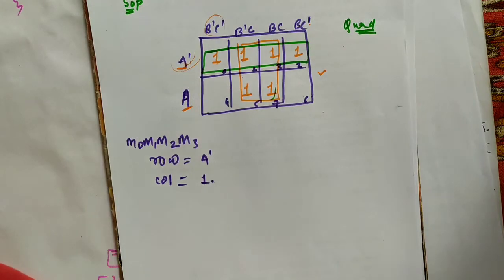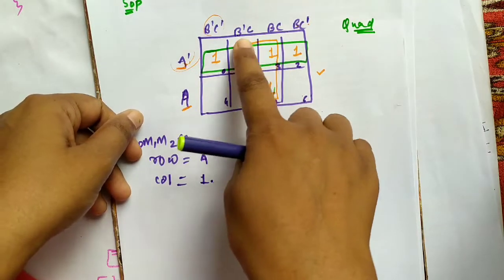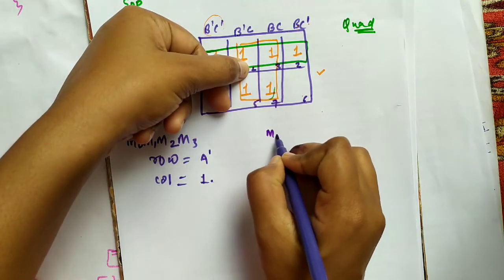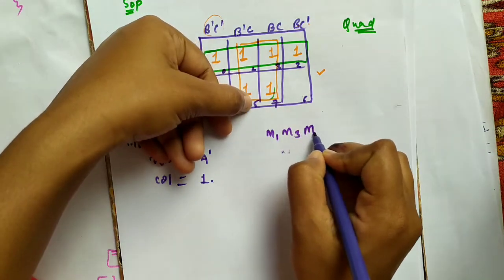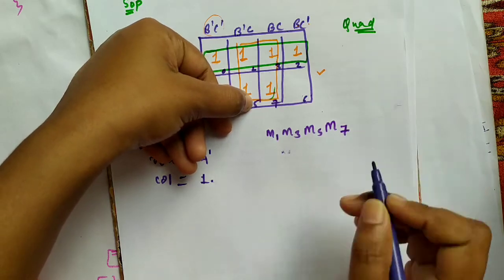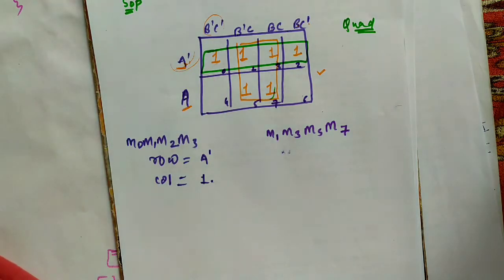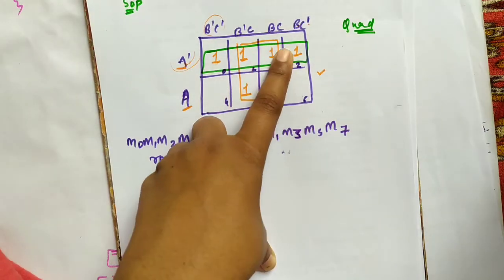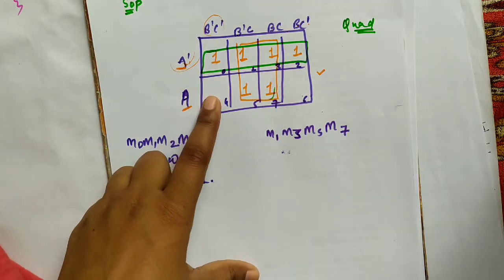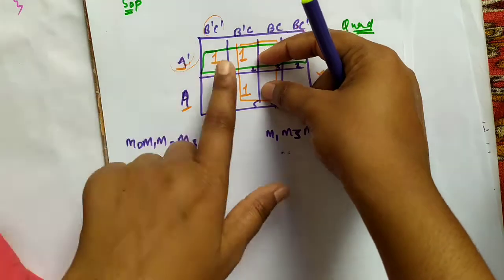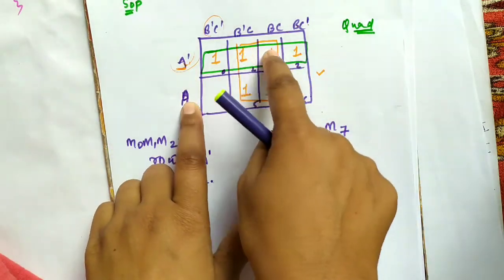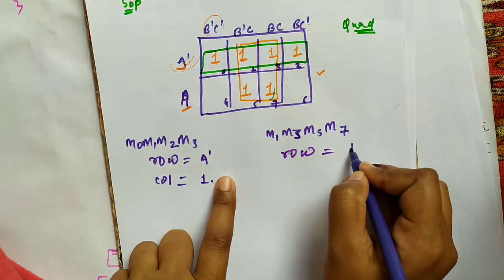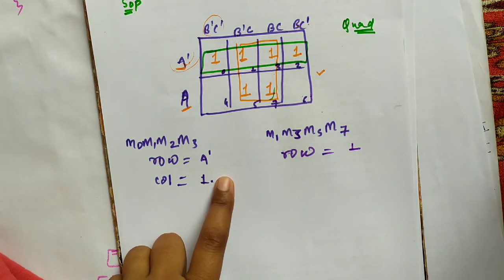Then the next pair, that means 1, 3, 5 and 7. So M1, M3, M5 and M7. In that quad there are 2 rows, A dash and A. The rows do not contain any same value, so we write 1.